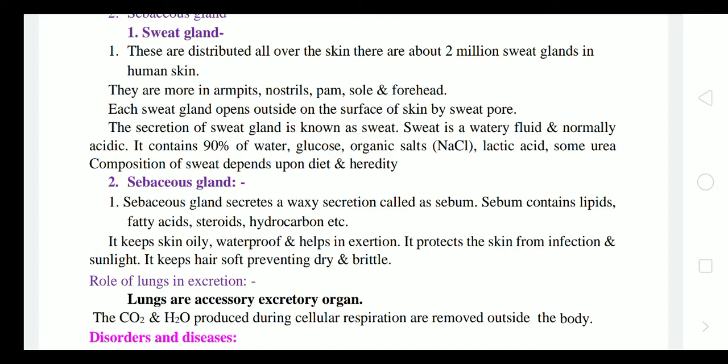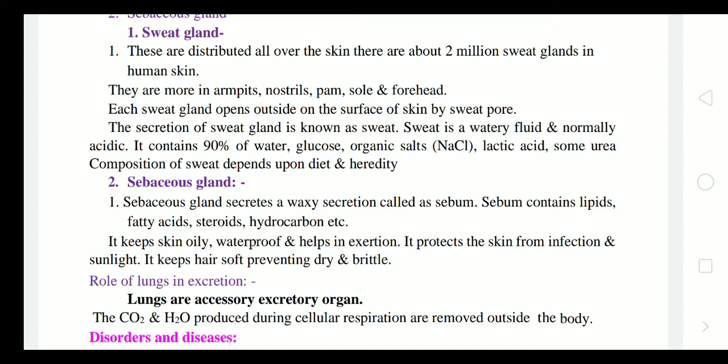Each sweat gland opens outside on the surface of the skin by a sweat pore. The secretion of the sweat gland is known as sweat, and we all know what sweat is. It is a watery fluid, normally acidic, which contains 90% water and glucose, organic salts, sodium salts, lactic acid, and some urea.